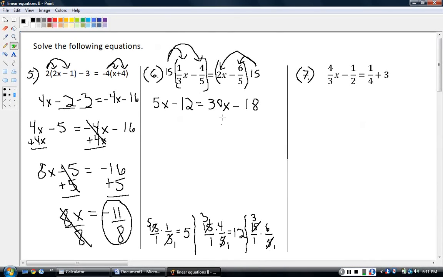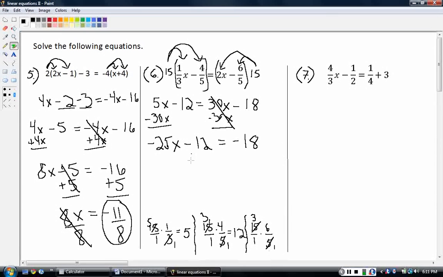Okay, now everything else comes easy, right? Minus 30x. That gets rid of that. Subtract 30x over here. 5 minus 30 is negative 25. So I get negative 25x minus 12 equals negative 18.